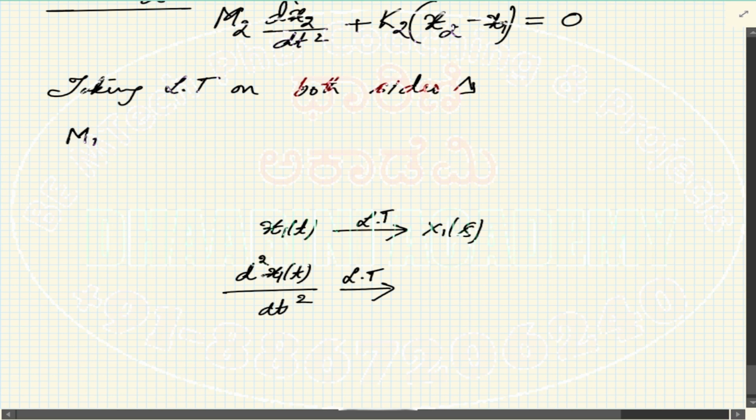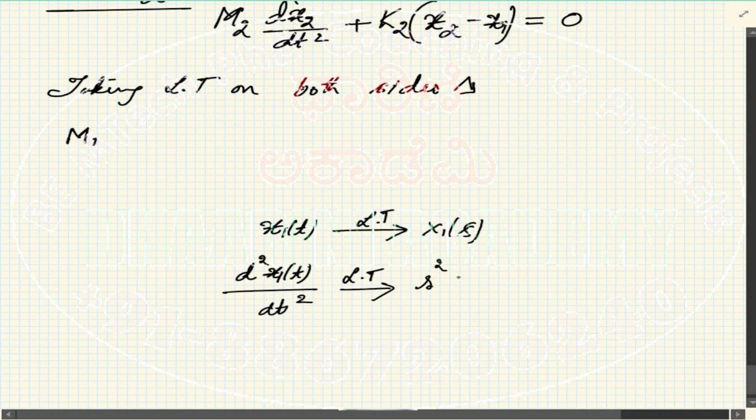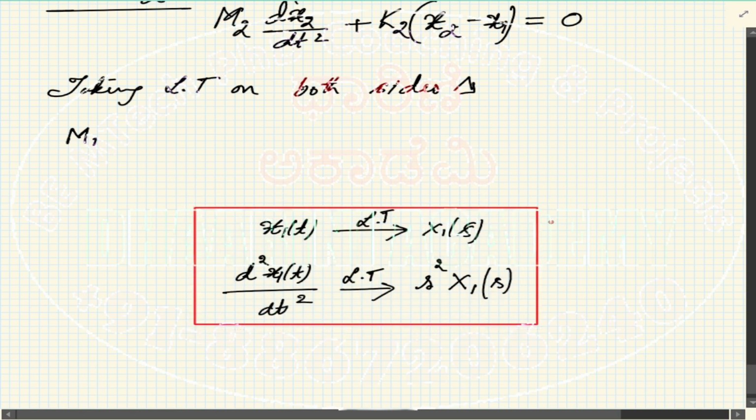One differentiation multiplies an s, so double differentiation gives you s squared. Since I'm differentiating twice, I'm multiplying by s square, so this is s square into x1 of s. This is the property we are going to use. For a single differentiation, dx1 by dt, it is s into x1 of s.